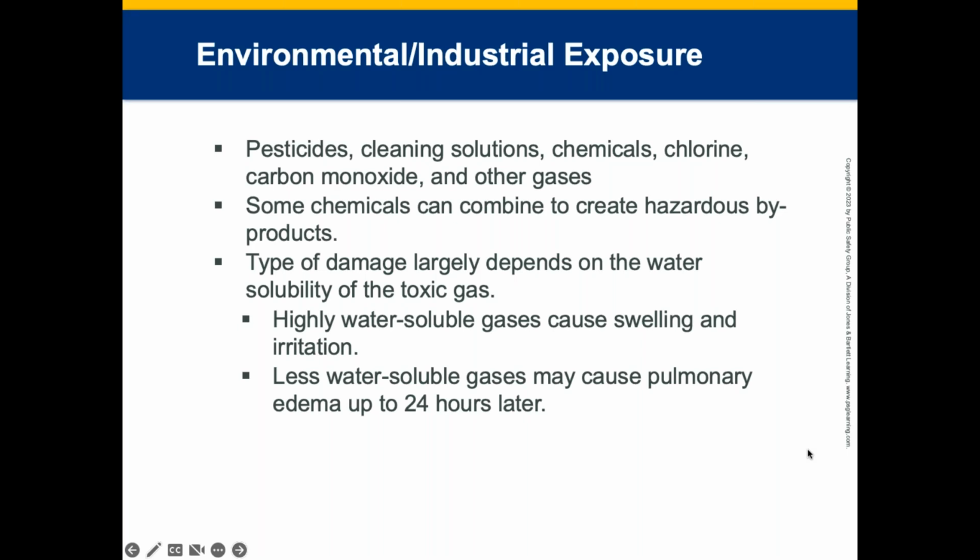So types of damage largely depends on the water solubility of the toxic gas. Highly water-soluble gases such as ammonia will react with the moist mucous membranes of the upper airway and cause swelling and irritation. Less water-soluble gases such as phosgene and nitrogen dioxide may get deeper into the lower airway, causing pulmonary edema up to 24 hours later.